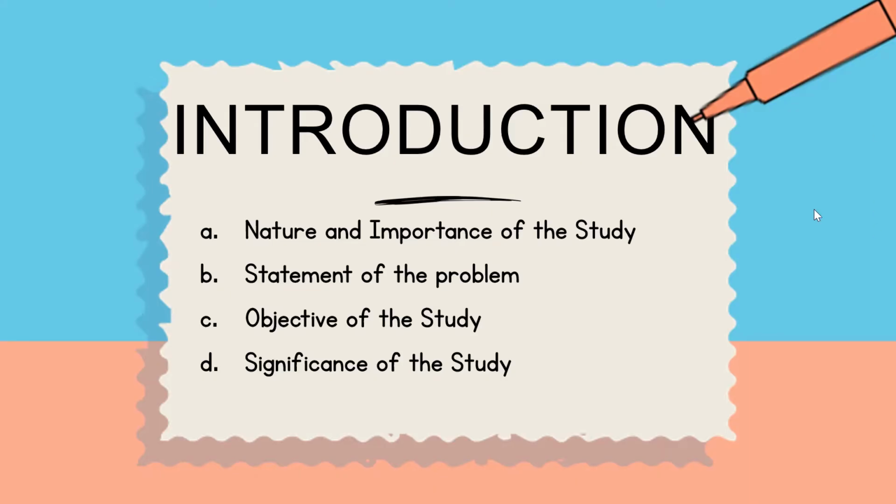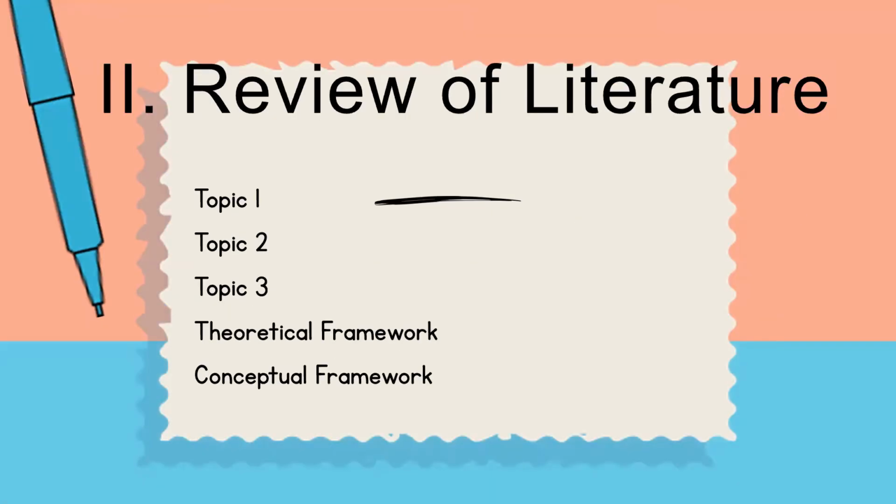The next part is the review of related literature. Topic 1, topic 2, and topic 3 correspond to your research objectives. For example, if your research objectives have 4 and the fourth is already inferential, you can go directly to topic 1.